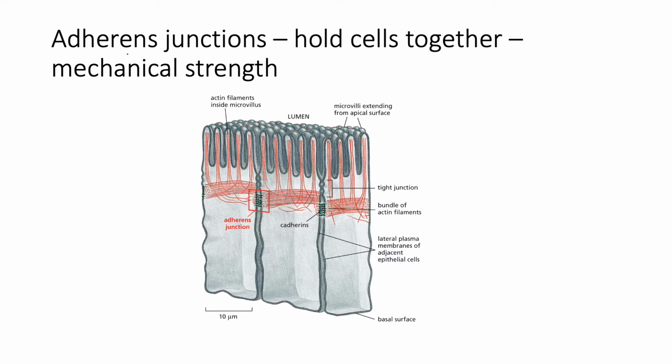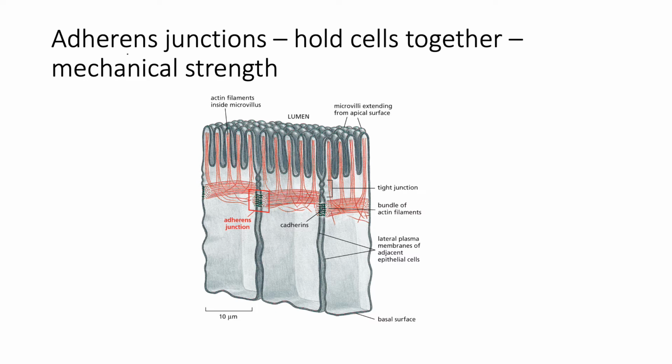And then as you move up, if you look specifically in the middle, you see the adherens junctions, and if you enlarge that, you can see that they're held together by proteins which are called cadherins. And the cadherins are attached to bundles of actin filaments on the inside, the cytoplasmic side, which lends support to these things.